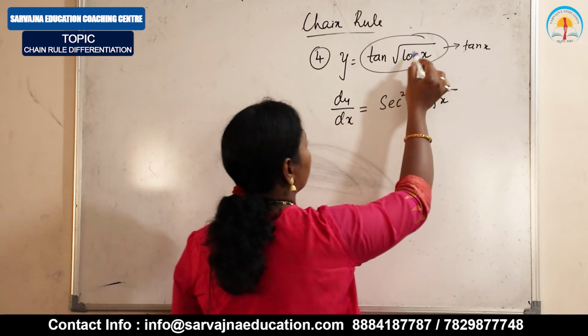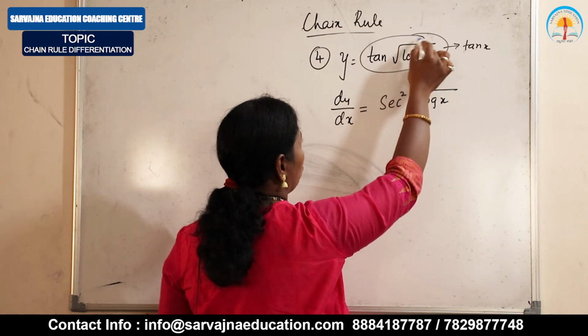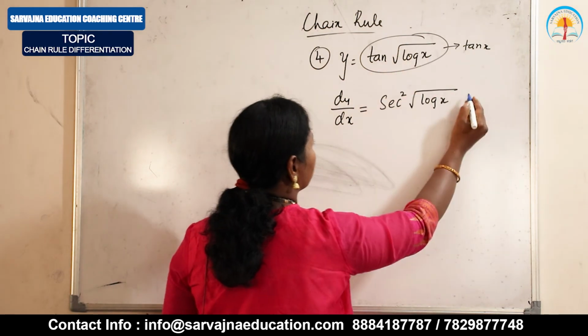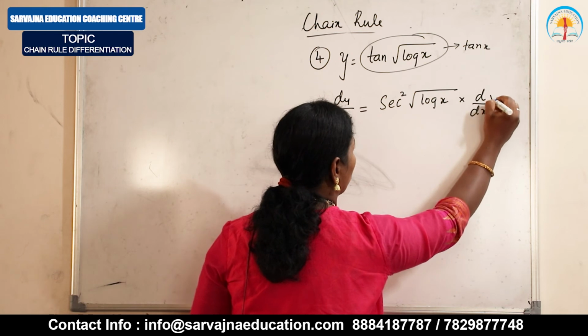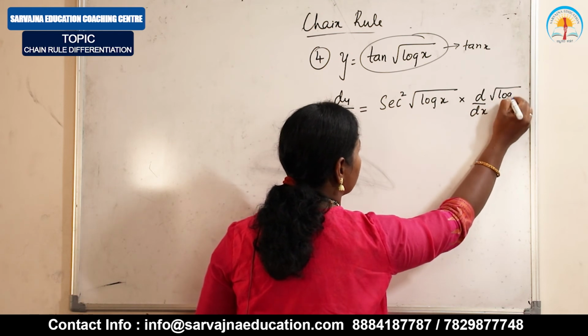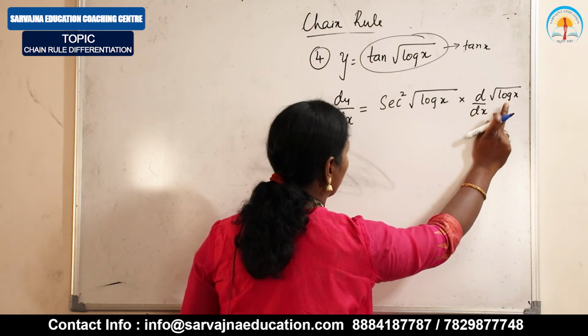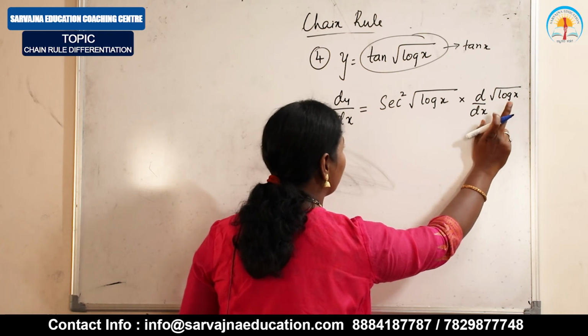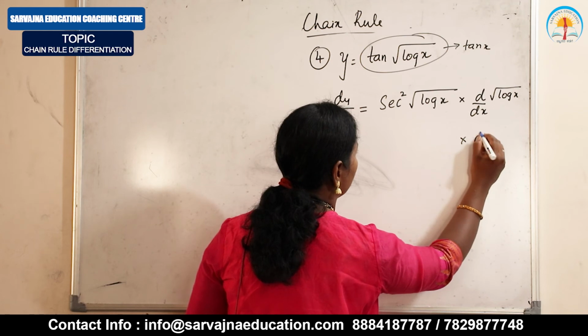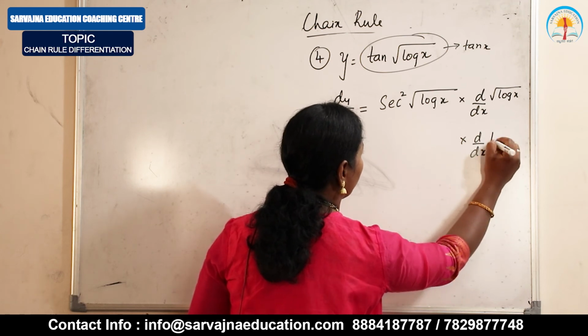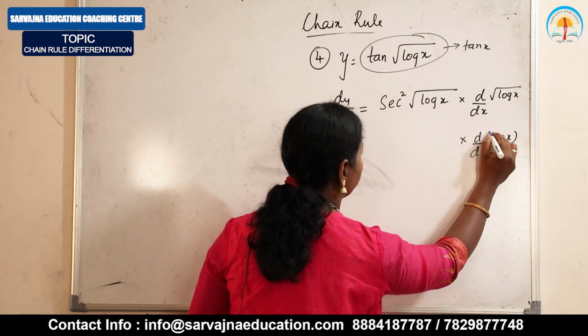So now in the place of x there is a root log x, that we have to differentiate into d by dx of root log x. It looks like root x, but still in the place of x, log x is there. That we have to differentiate. d by dx of log x.